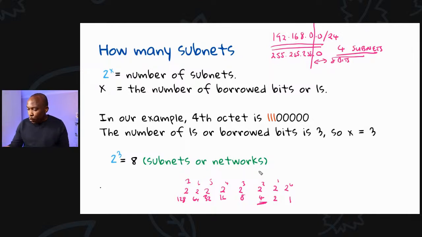If we have borrowed 2 bits, it means the remaining unborrowed bits, remember we are borrowing from this number 8, so if we borrow 2 bits out of 8, it means 6 bits are the unborrowed bits. Right, so if these 6 bits are the unborrowed bits and 2 are the borrowed bits, 2 plus 24 gives us 26. So our subnet increases from a /24 to a /26.